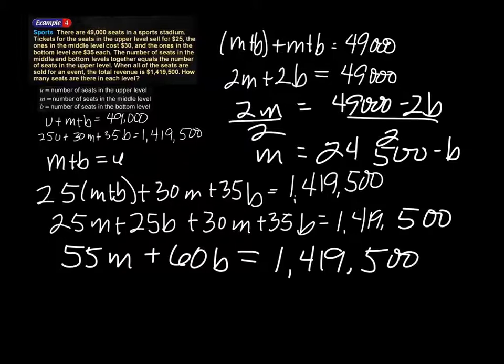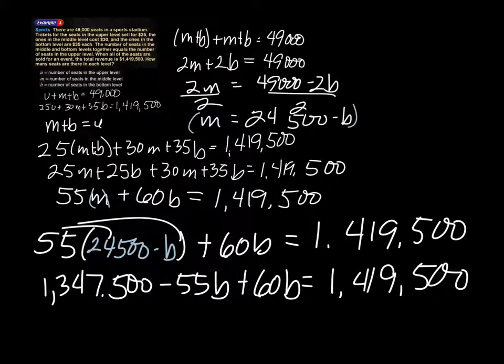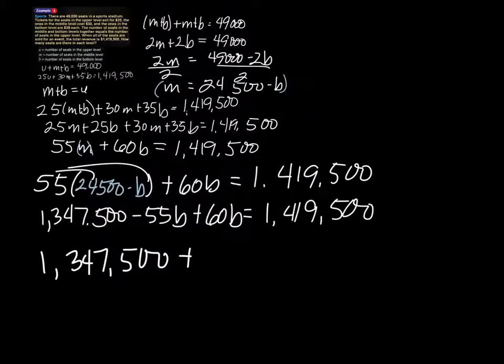And we're going to use that to substitute in for m in that equation. So where there was an m, I'm going to replace it with 24,500 minus b and distribute. Next we get to combine like terms, and I'm going to pause again to copy down these long numbers. So negative 55 plus 60 is 5b equals big number again.